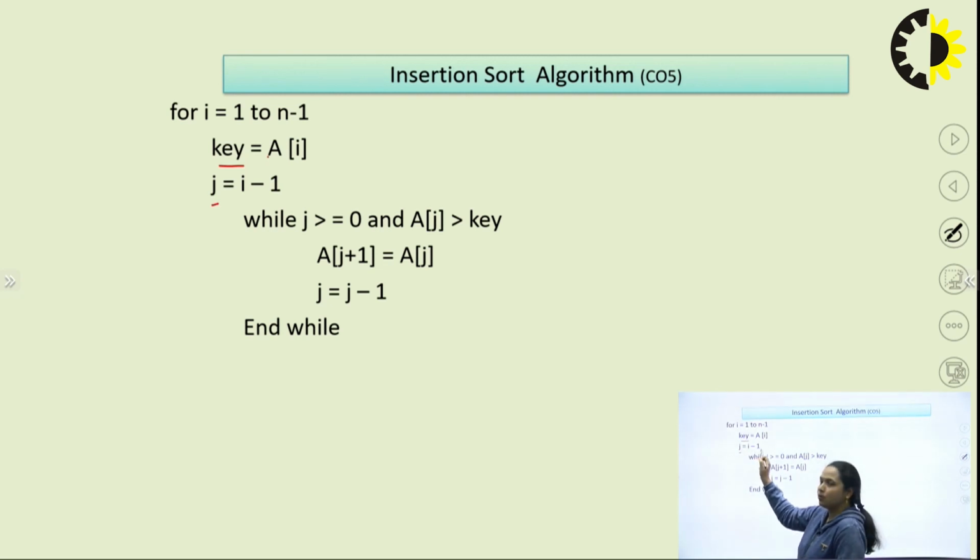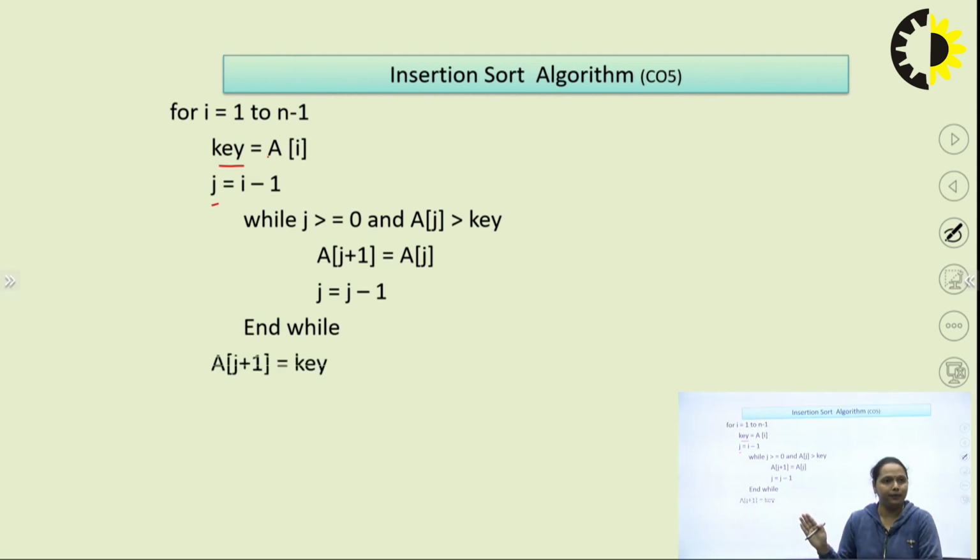After that, j equals i minus 1, and while j is greater than or equal to 0 and A[j] is greater than key, we copy the contents: A[j plus 1] equals A[j], copying the contents of A[j] to A[j plus 1] and reducing the value of j.